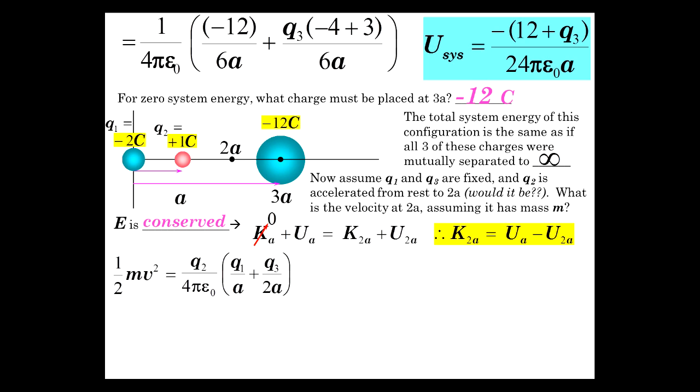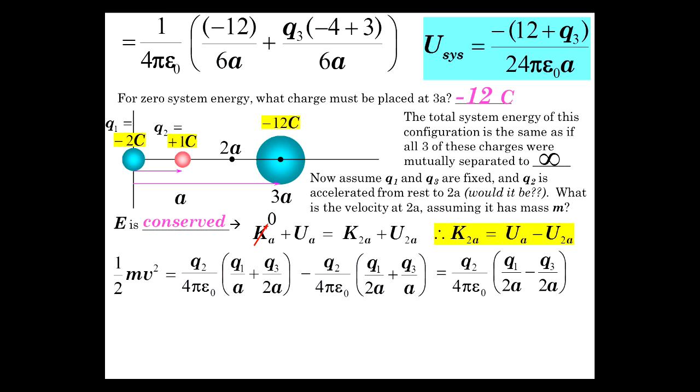But then we're going to subtract potential energy at 2A. So when it's over here, we have the same scenario. But now Q1 is separated by 2A and Q3 by 1A. So we can combine these, and we have the following. When we think of Q1 over A minus Q1 over 2A, that gives us Q1 over 2A. Q3 over 2A minus Q3 over A gives us minus Q3 over 2A.